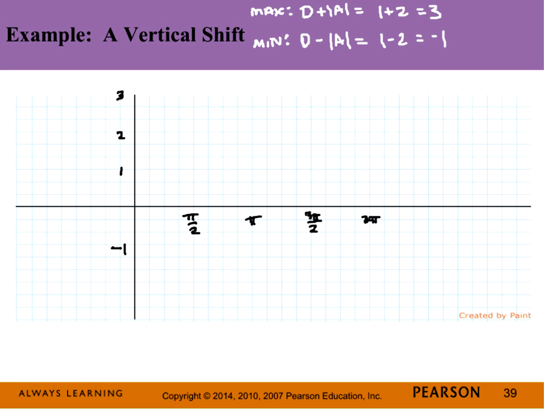All right, I'm ready to put it on the graph. My first point was at 0, 3. My next point was pi over 2, 1. Then I had pi, negative 1. 3 pi over 2 and 1, and 2 pi, 3. So we have this curve.